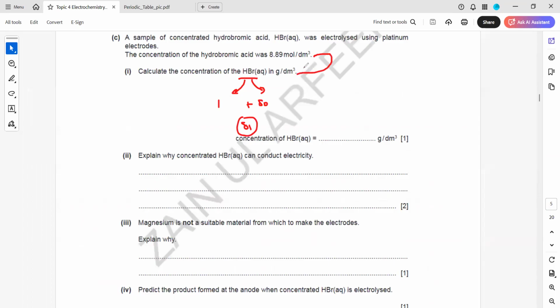So to convert mole per dm cubed to gram per dm cubed, we multiply by the molar mass. We multiply 8.89 by 81. What's the answer here?